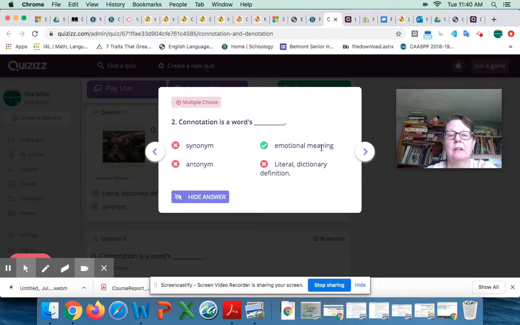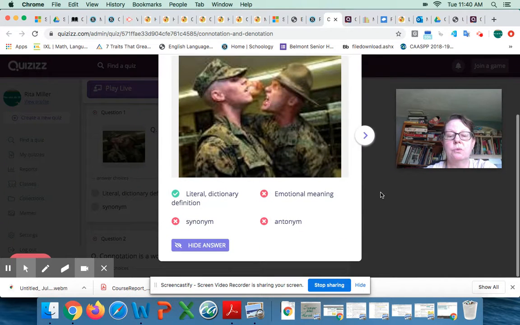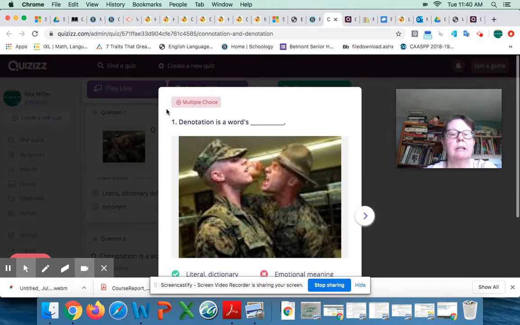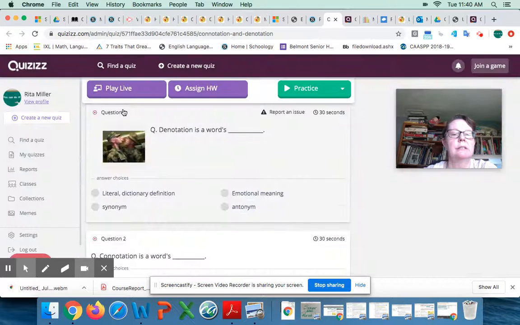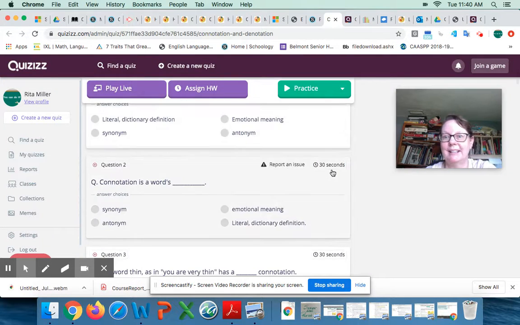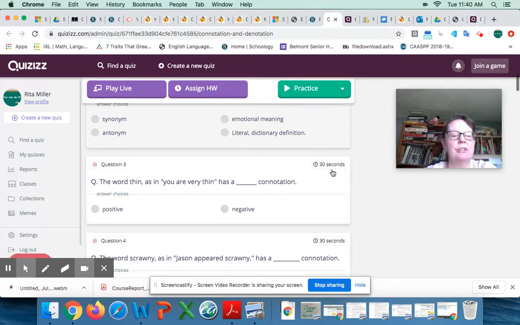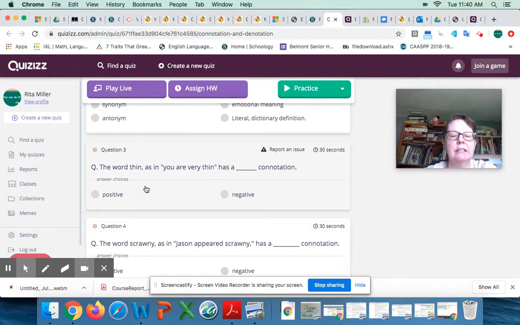Okay, I am actually going to do this a little differently. I want to go back to this. Here we go. So it doesn't show you the answers. Okay, question 3. The word thin, as in you are very thin, has a, what do you think, a negative or a positive connotation?